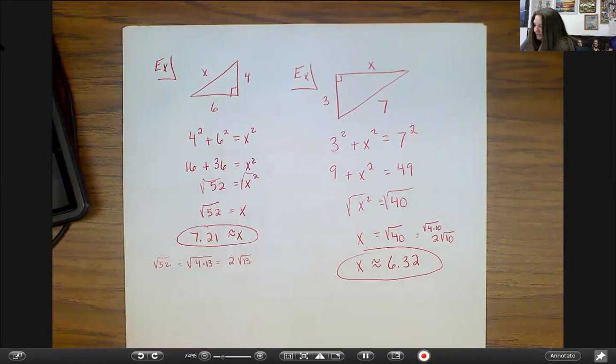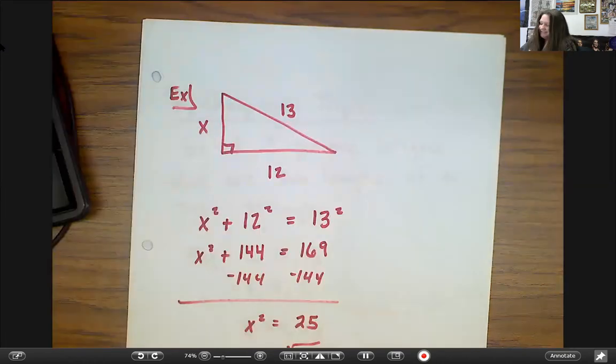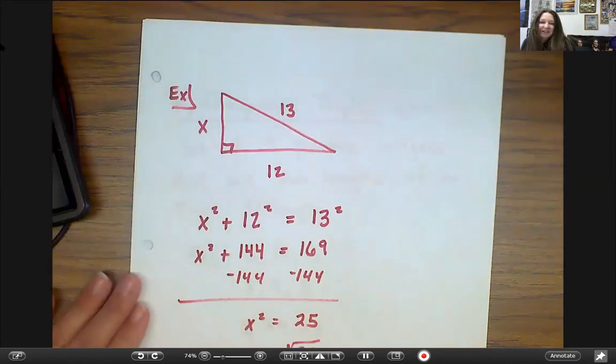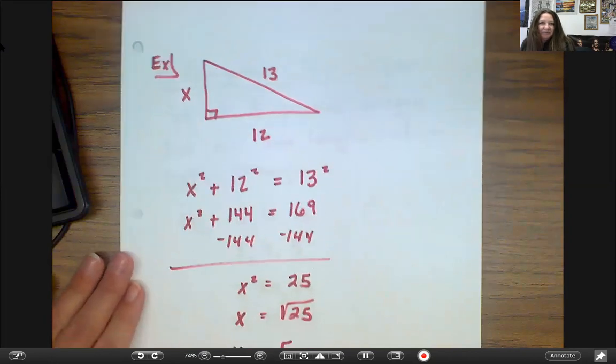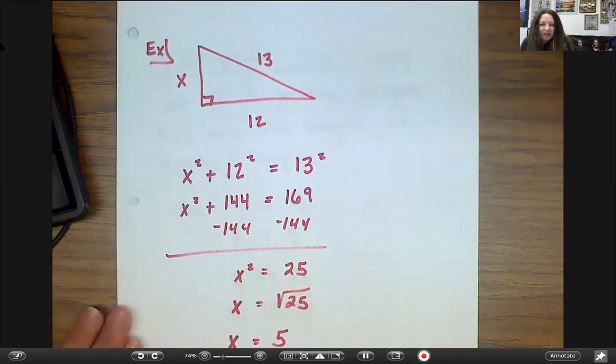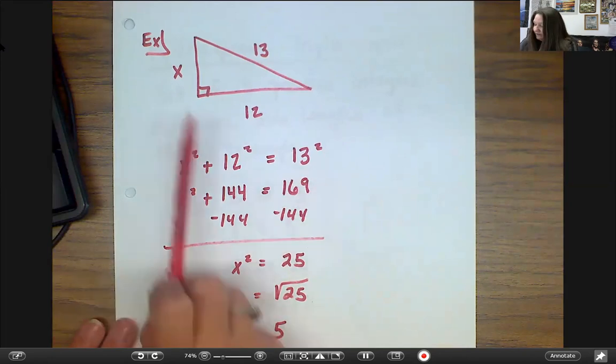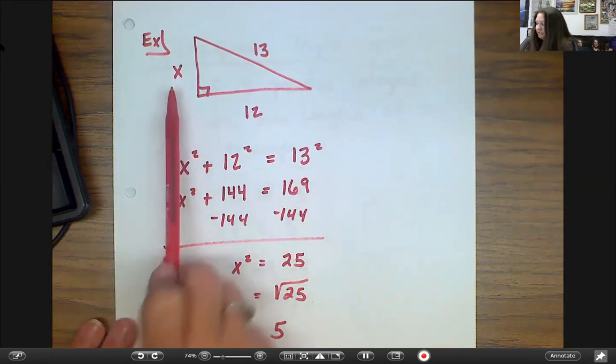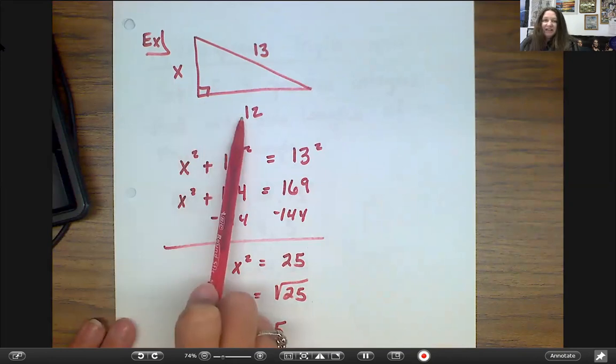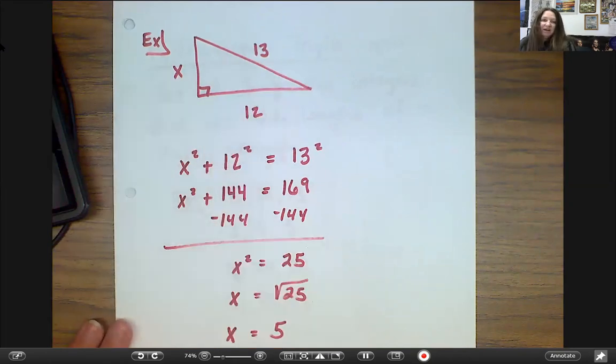All right, now in some cases, when we work out Pythagorean theorem with our right triangle, we get an actual integer answer for each of my side lengths. So for instance, in this problem here, if I were to solve for x, I should notice that x and 12 are the legs, and 13 is my hypotenuse.